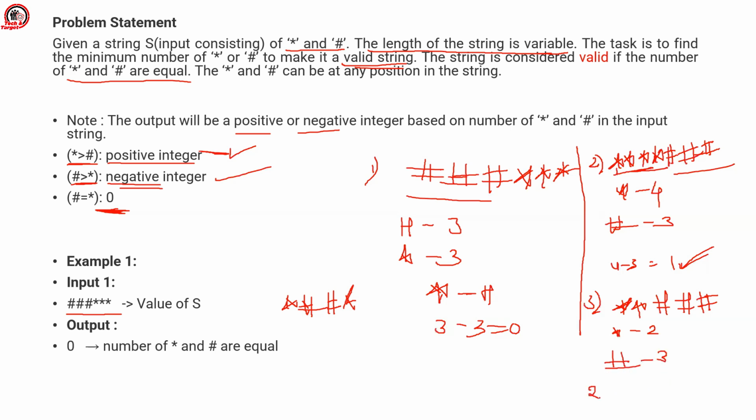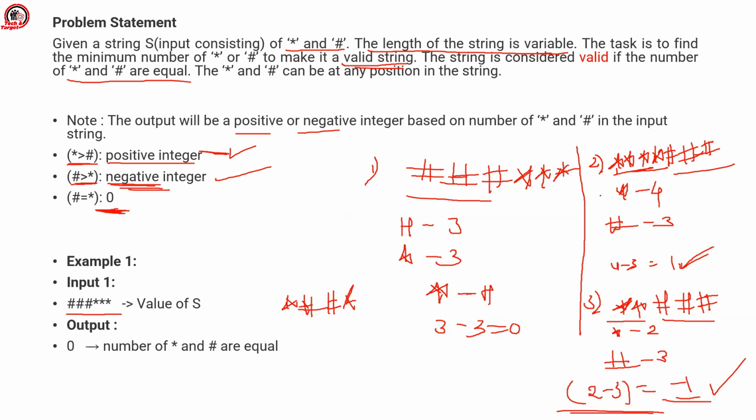If we print 2 minus 3, the number of stars minus the number of hashes, that would be minus 1, which follows this condition: if the number of hashes is greater than the number of stars, the output should be a negative integer. Our code follows that rule, so our output was also negative, which means it is following our conditions.